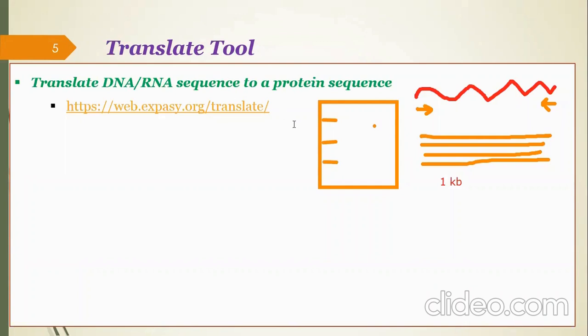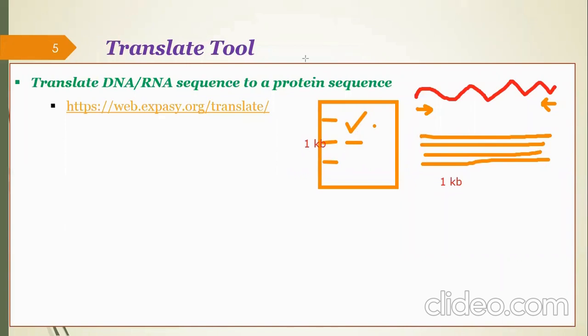If this is 1 kb size on the ladder, our DNA, this PCR product, if we run the same PCR product on the gel, will be equivalent to this one. It will be in line with this one. So this size is comparable with this one, which means our amplicon is correct in its size.